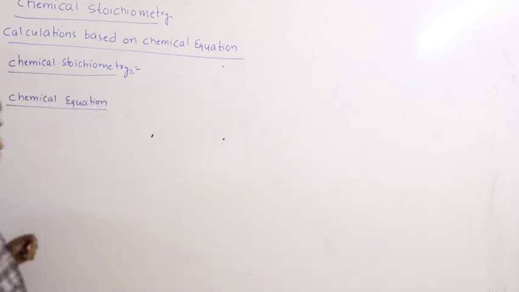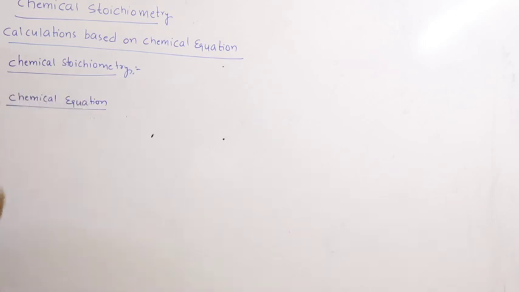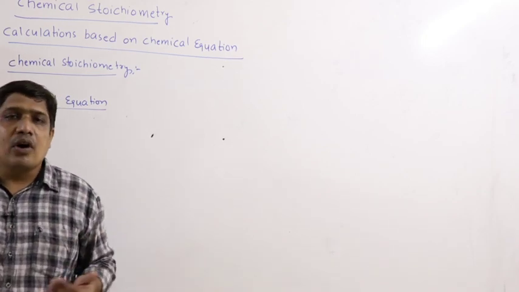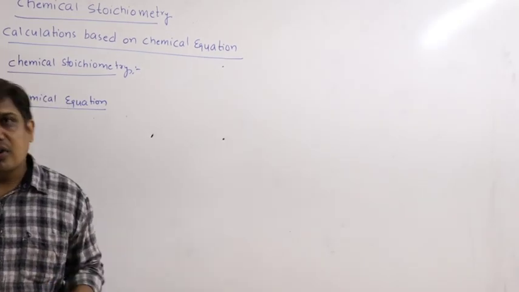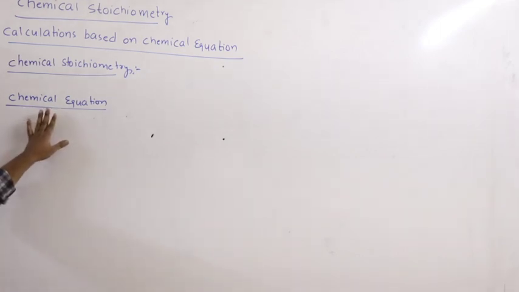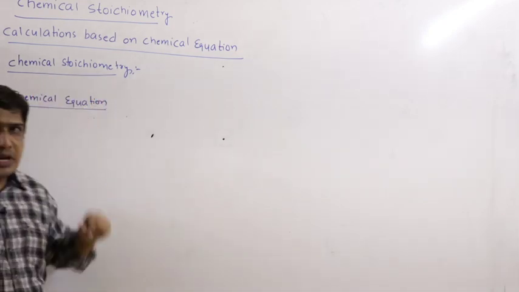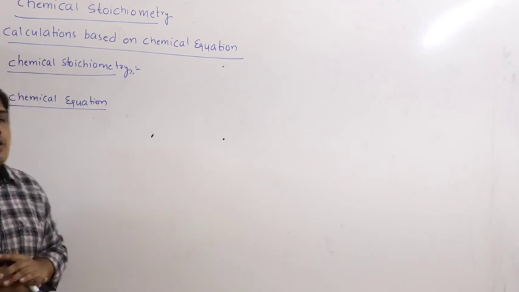Whereas a chemical equation explains the actual change in terms of formulas or symbols of reactants and products. So here it represents the change in terms of formulas and symbols, the actual change. Here it gives the quantitative relationship between the reactants and products.